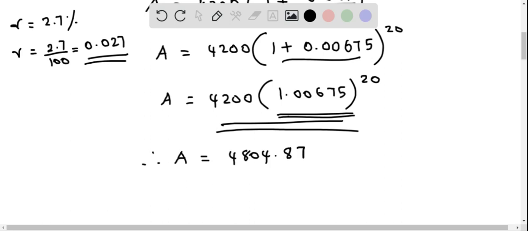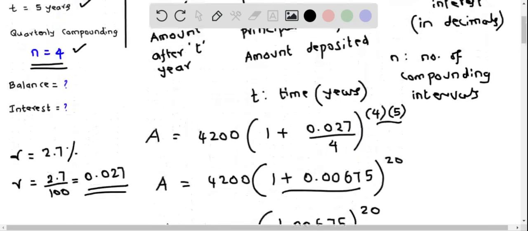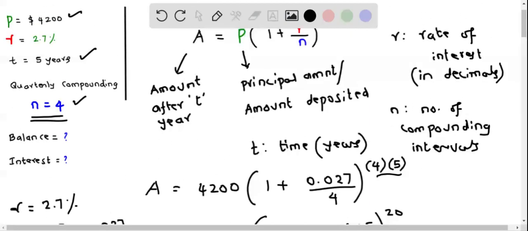This is approximated to two decimal places, and the amount is in dollars. So therefore, we say that the balance or the amount after 5 years is 4,804.87 dollars.